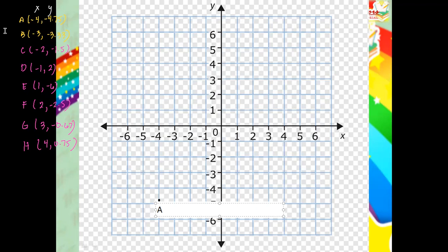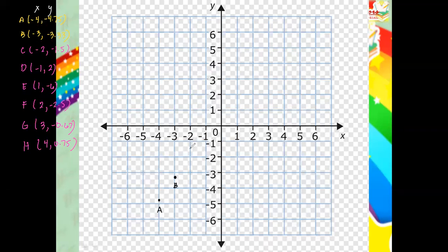Letter B, we have here -3. This is -3. And then -3.33. It is here. -3 and -3.33. So this is B. Next, let's have letter C. That's -2. It's here.